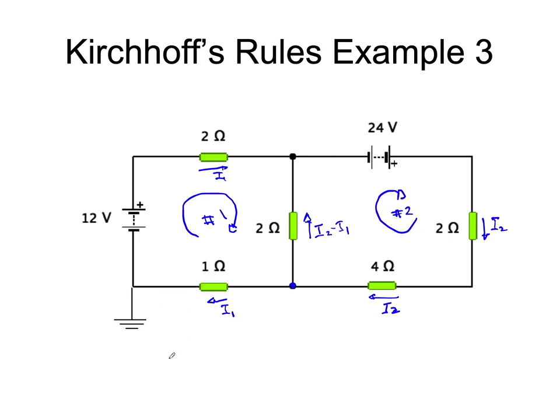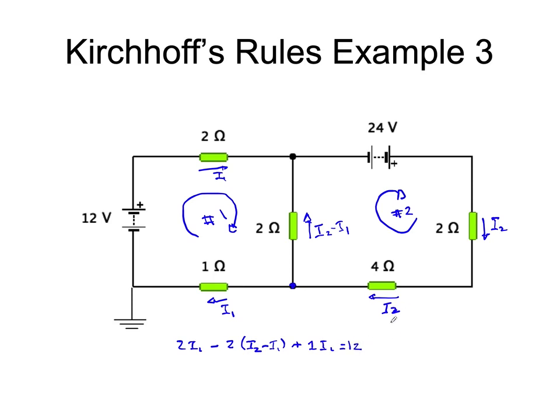And so solving it real quick, the first loop, I'm going to start from the top, gives me 2I1 plus, or actually minus, 2 times (I2 minus I1) for this resistor, because I'm working against the direction as I work around clockwise. I drew this going upward, plus this resistor, which is going to be 1 times I1, equals the battery voltage, and I'm going to use positive 12 because I'm working through this direction.